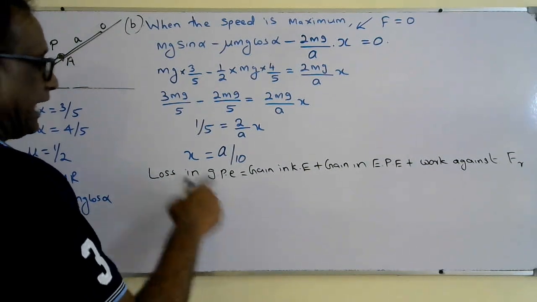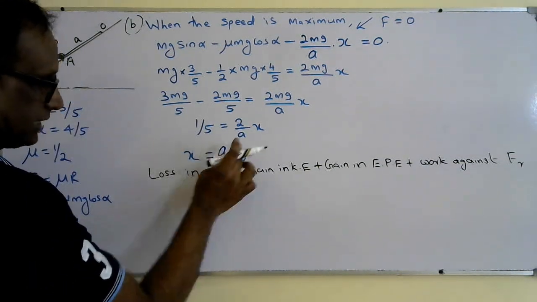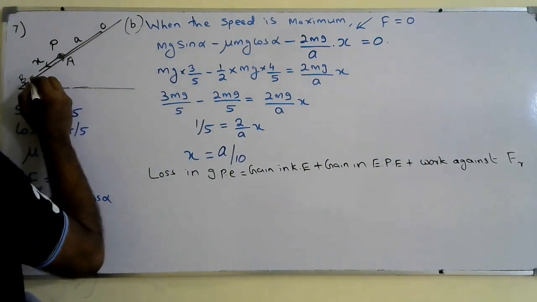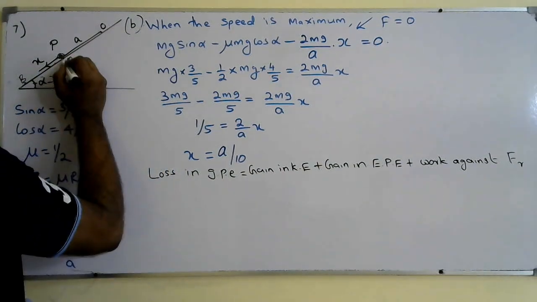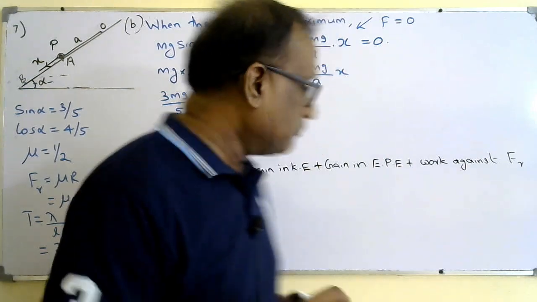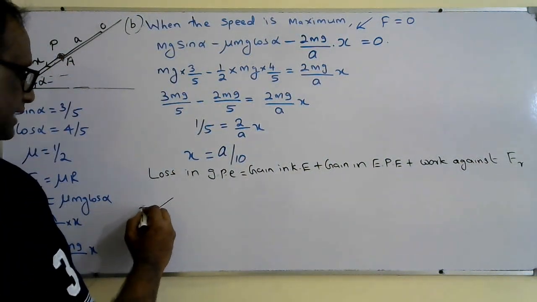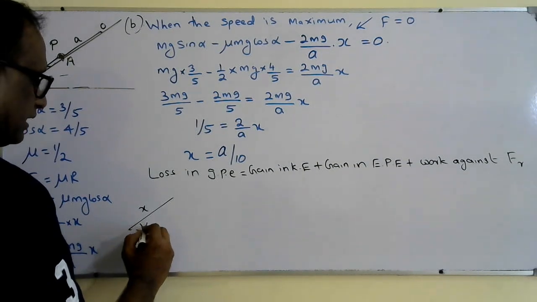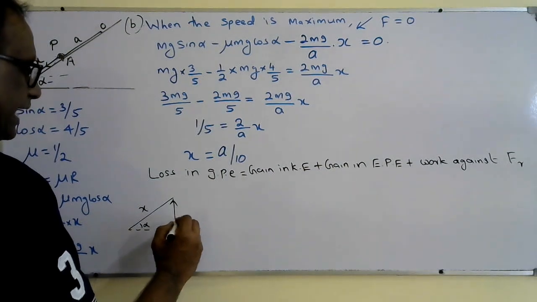Okay, loss in GP, mgh. The distance it moved is x, which is A over 10. But the height I need to find. If it moves along the plane down x, the height is x sine alpha, is it? When it moves along the plane down x, if this angle is alpha, the height is, in this right angle triangle, x sine alpha.